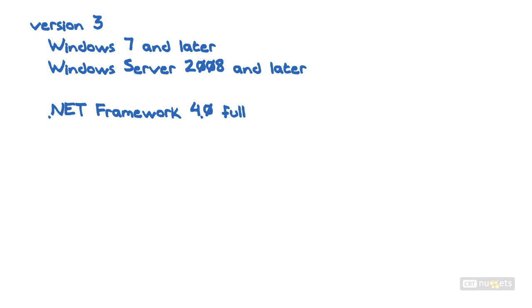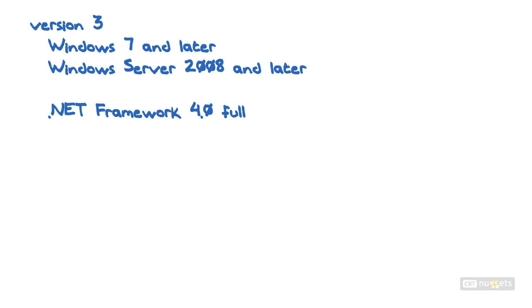It does require .NET Framework 4.0. And there's a trick here though. It requires the full install of 4.0. Now, a lot of folks, especially if you got 4.0 through Windows Update, you got what's called the .NET Framework Client Profile. It's a trimmed down version of the framework that was designed to save a little bit of space on client computers. Version 3 won't run on it.